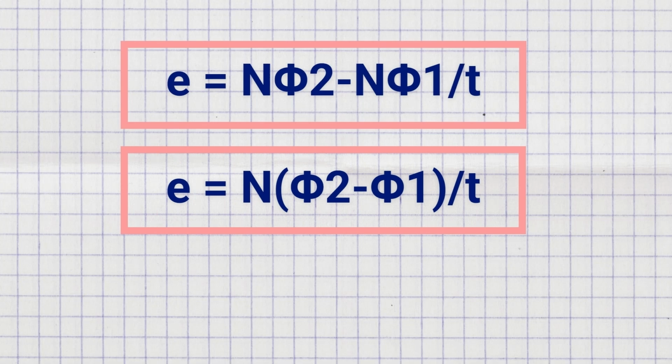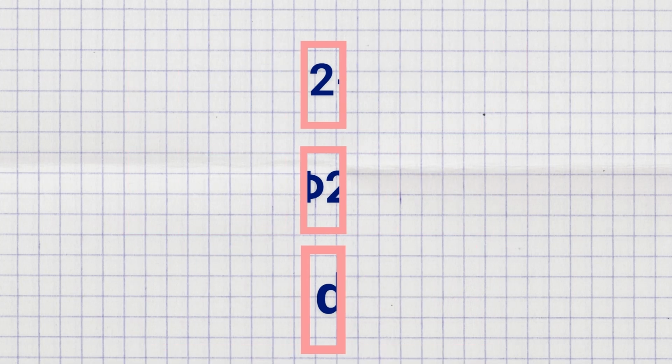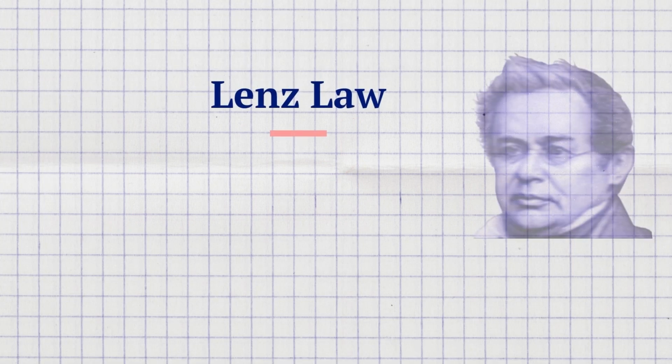So the expression in differential form can be written as E = n d phi/dt. Generally, the negative sign is given to the right hand side of the expression. That's because of Lenz's law.